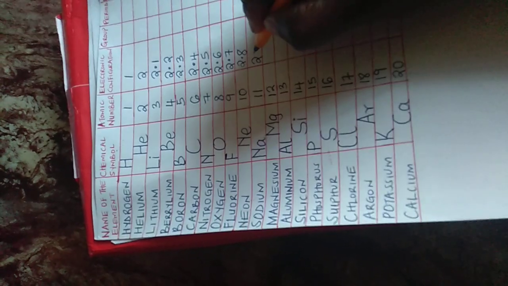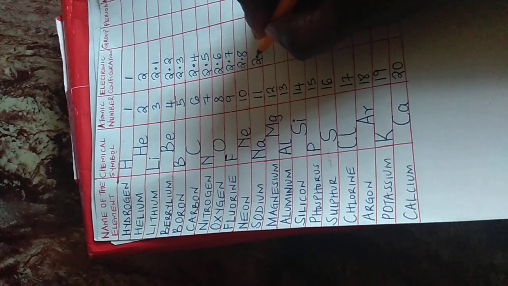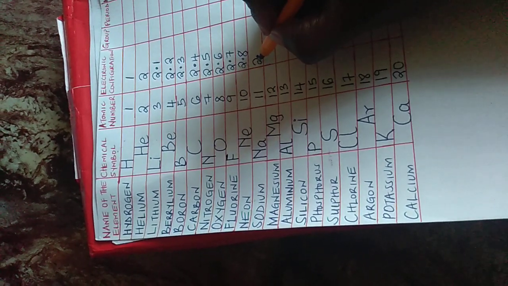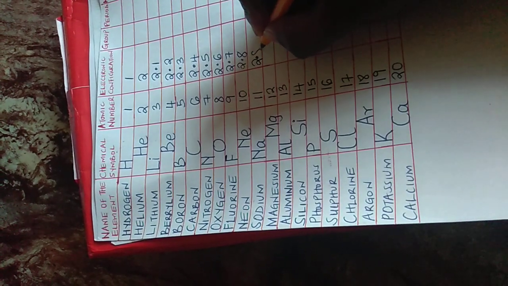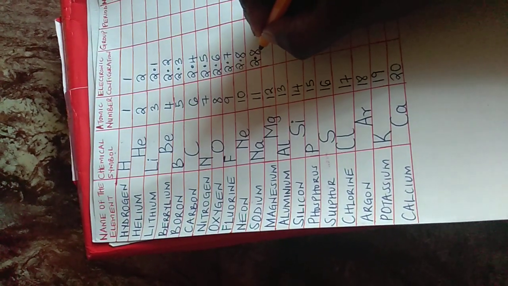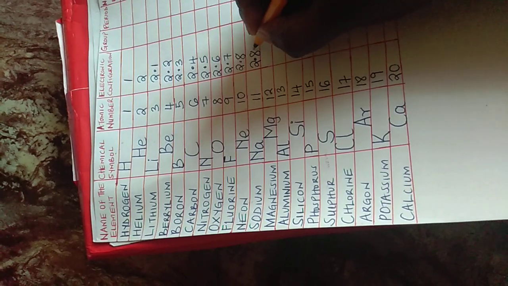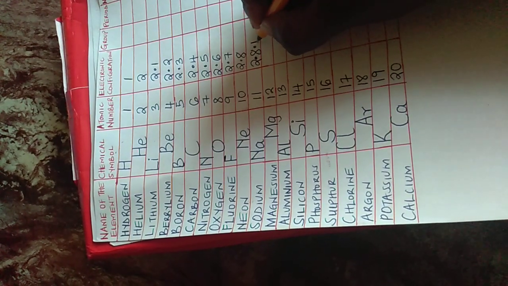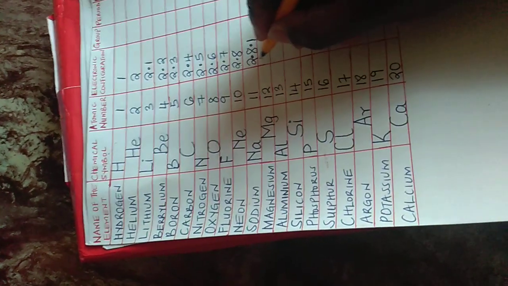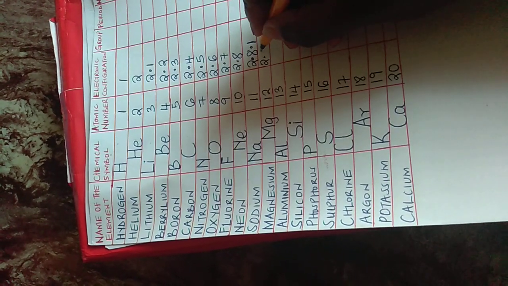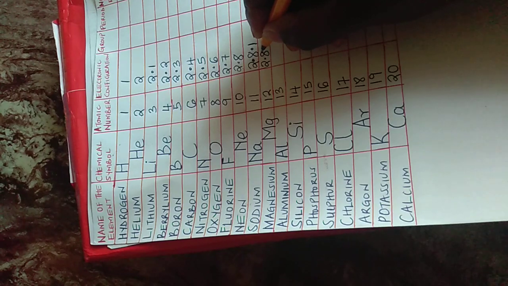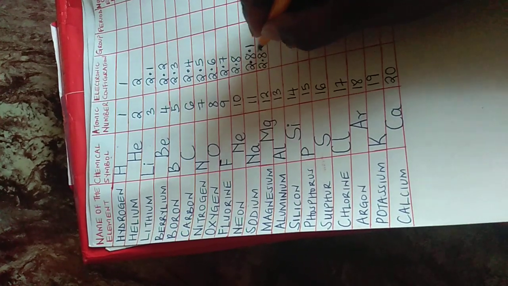Utasema the first energy level has a maximum of 2, zimebaki ngapi? 9. Lakini hautaandika 9 hapa, utaandika 8 kwanza, ndio the second energy level ikue full, halafu ibaki ngapi? 1.